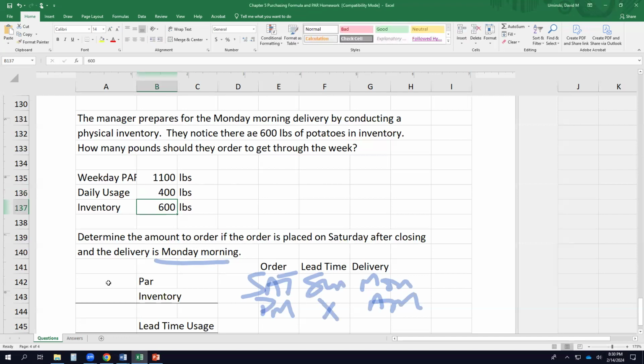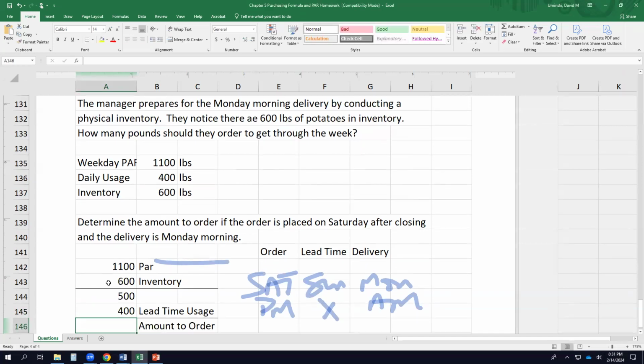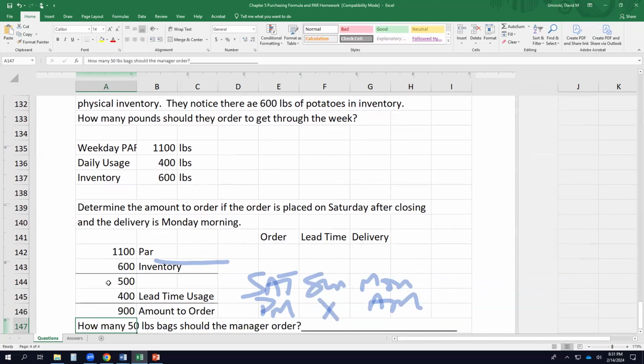What was my daily usage for the weekend? 400 pounds. So my par of 1,100, inventory of 600, I subtract and get 500 pounds, okay? My lead time usage is 1 day. It's a Sunday, so 1 times 400 is 400. Add those two numbers together, and I should order 900 pounds of potatoes.